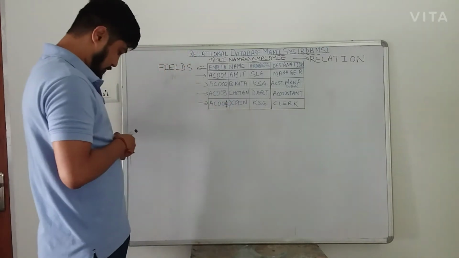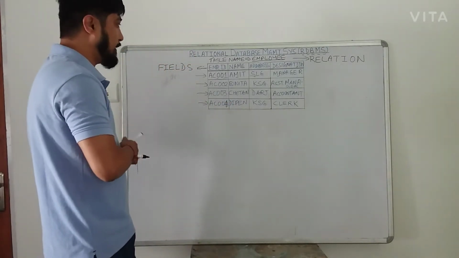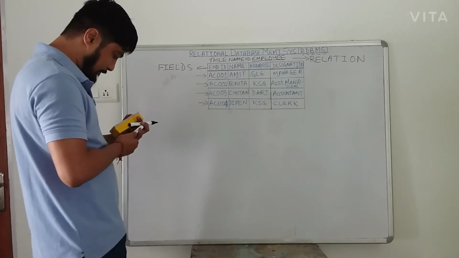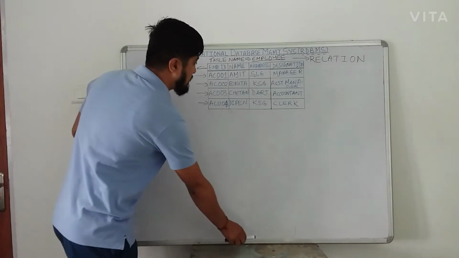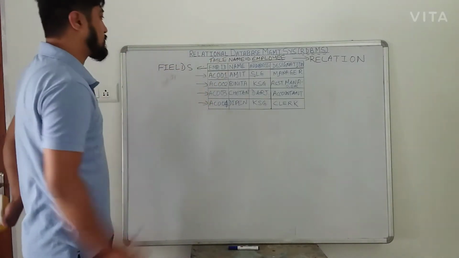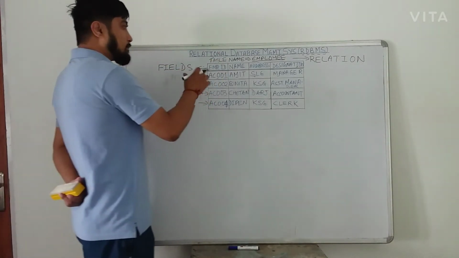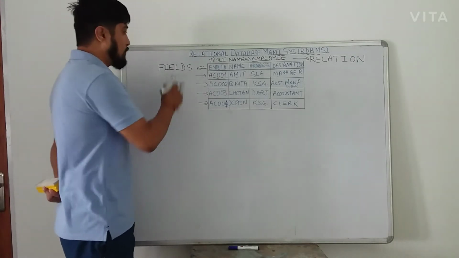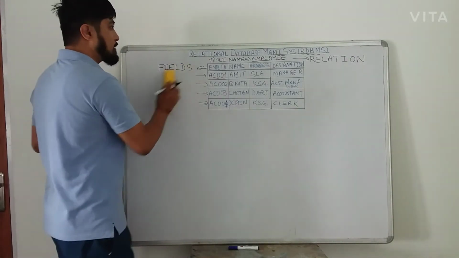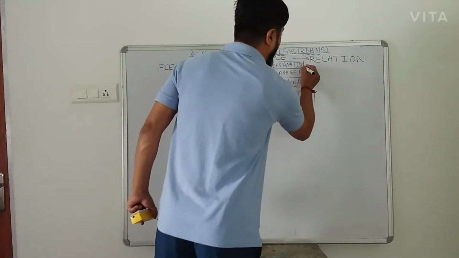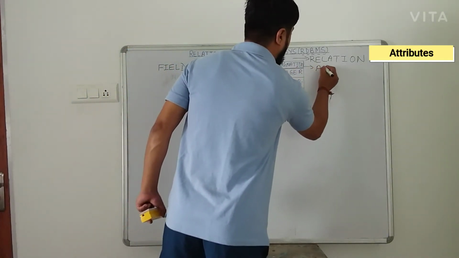In the same way, under the field called name we have values like Amit, Binita, Chetan, and Deepen. Now, in this RDBMS, we will not call these fields. We will call them attributes.